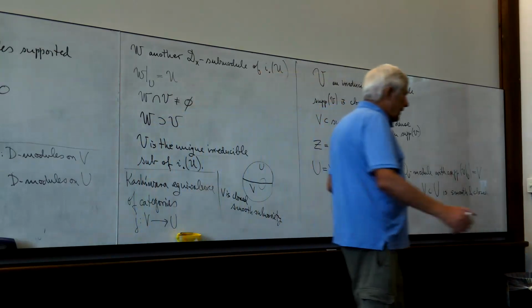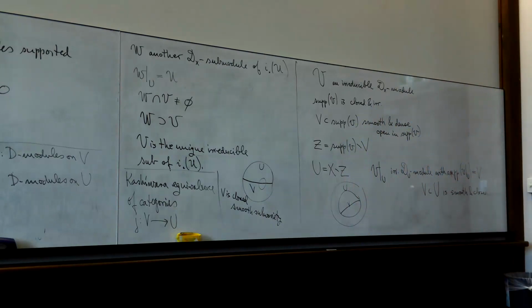So basically, you get that the category of D modules on V is equivalent to the category of D modules on U supported in V. And this equivalence preserves coherence, holonomicity, and of course, for obvious reasons, irreducibility.